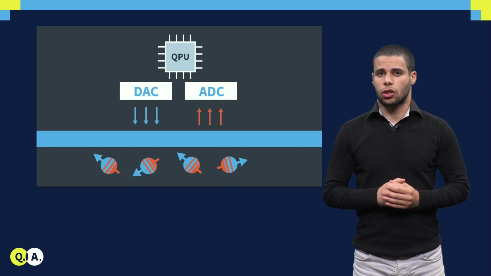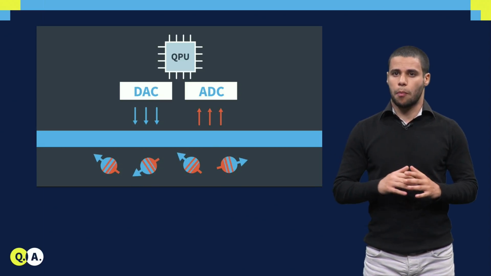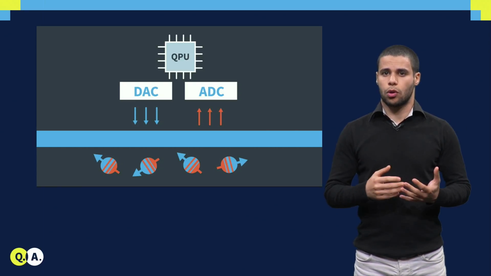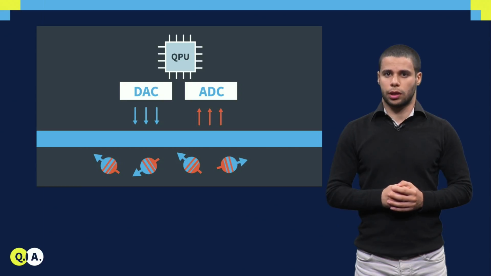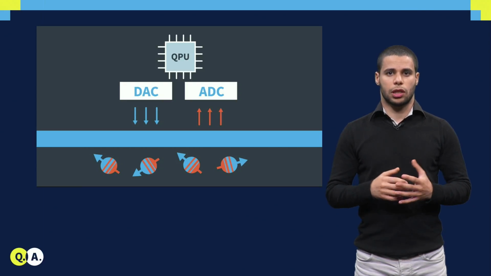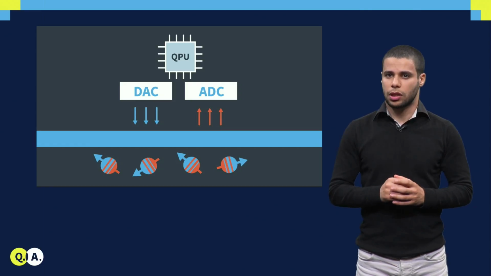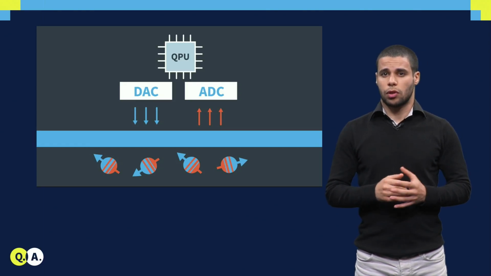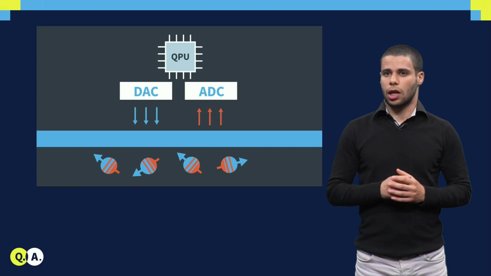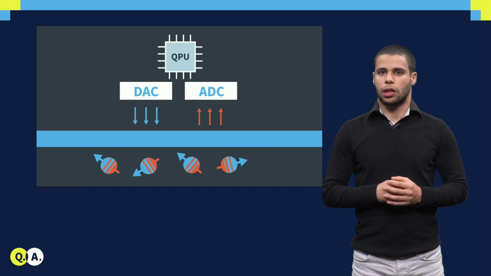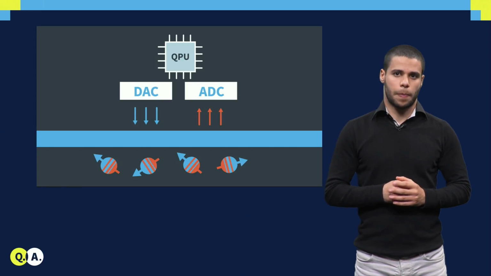The microarchitecture is responsible for executing both the quantum operations and the classical ones, which usually compose a quantum algorithm. The quantum instructions are ultimately translated into microwave pulses, which are sent to the qubit through a digital to analog converter, and the measurement acquisition through an analog to digital converter.